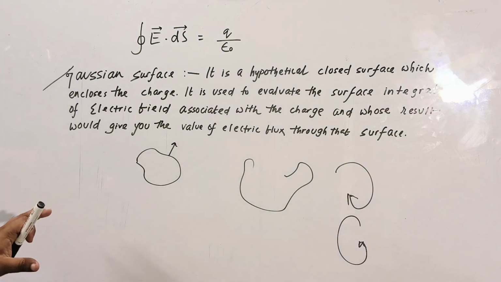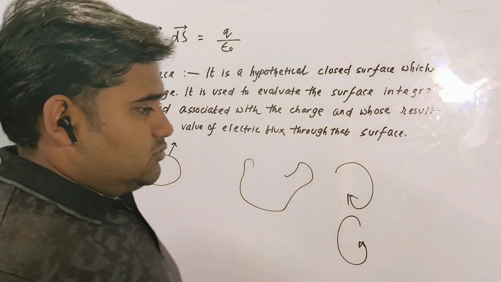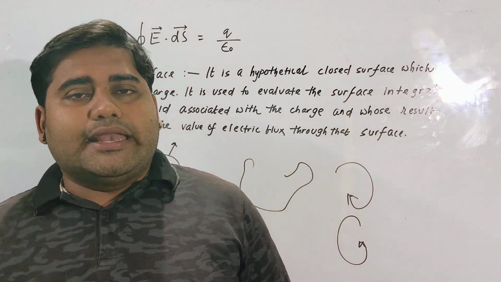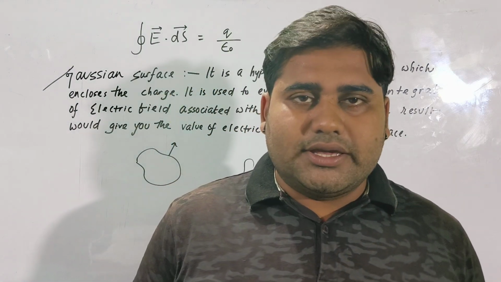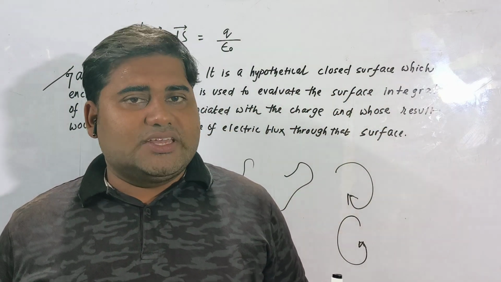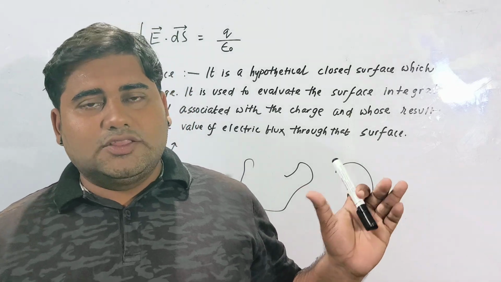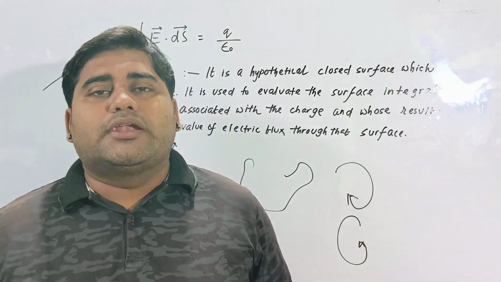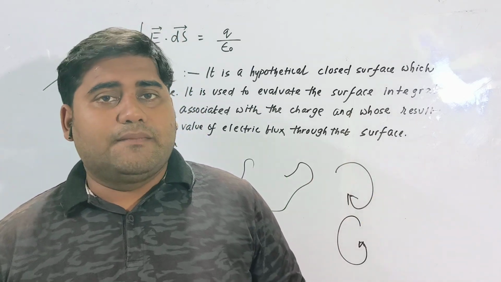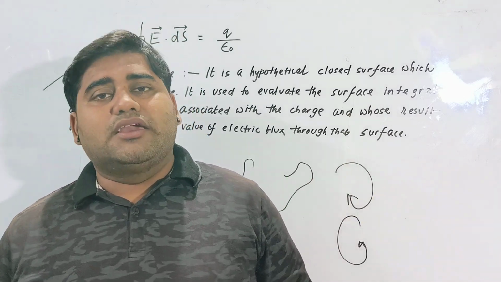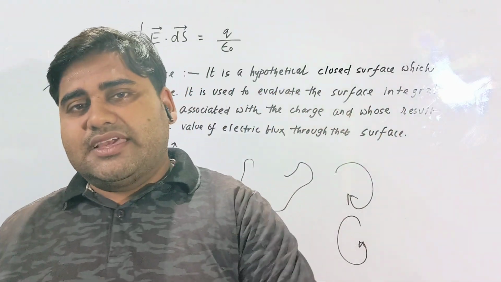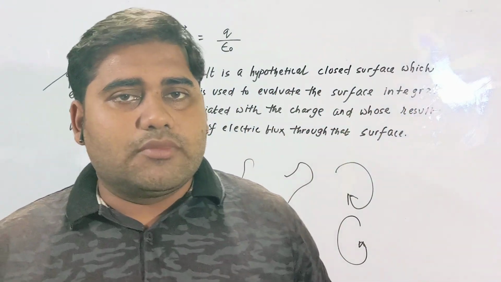So this is what our Gaussian surface is about. Gauss's theorem is used to calculate the electric field of complex systems easily. The approach is very simple in this theorem, but when we calculate the electric field of such complex systems via the traditional methods, by the superposition principle and something like that, it will take a very long time.